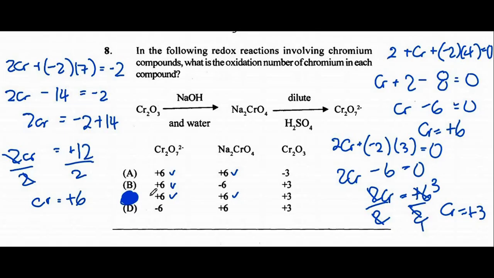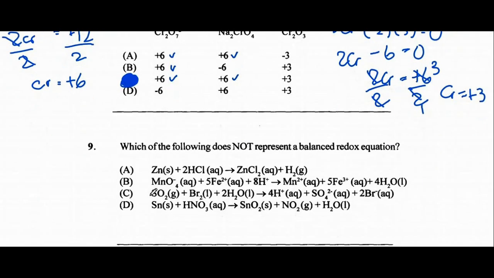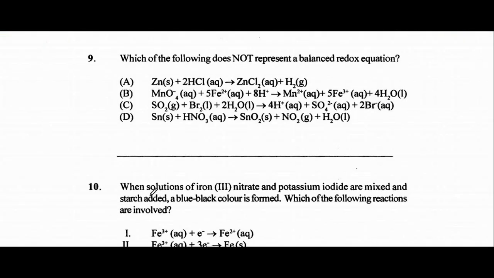Alright, let's continue. So number 9: which of the following does not represent a balanced redox equation? From this, I'm assuming that all are redox, but let's check. Let's just look at zinc here, it has an overall charge of 0. Here it would be +2. This is obviously redox.